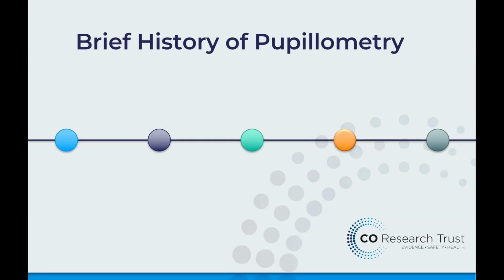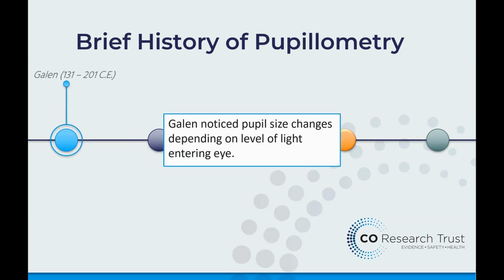It can be traced back to the 2nd century when the Greek philosopher, physician, and surgeon Galen performed cataract surgery. You'd occasionally get patients who came to him that were beyond help, so he required a predictive indicator to help know what the outcome of the surgery would be, so he could avoid tarnishing his reputation. He noticed that pupils were small when they were exposed to light, and then they enlarged again when covered.